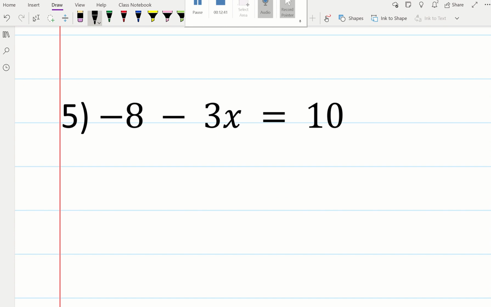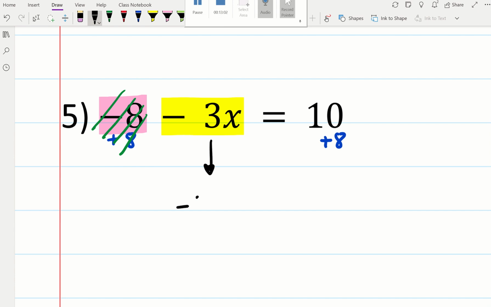And the last example, again, I've got a negative 3x, and my number this time is a negative number, minus 8. And so I do the opposite. I do plus 8, plus 8. They cancel. They give me a 0.